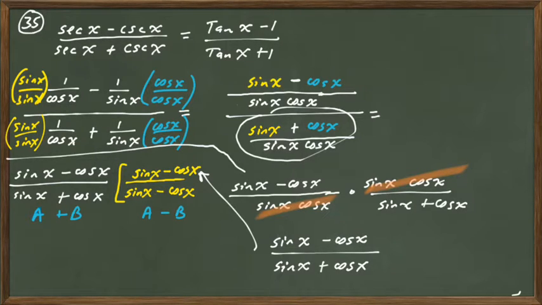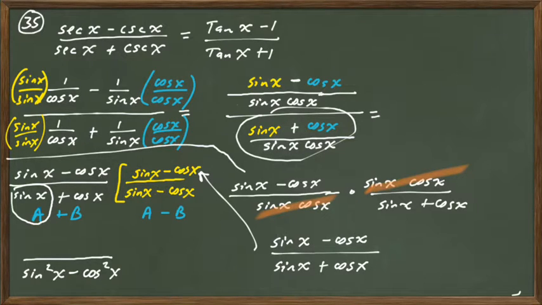What do you get on the bottom? What's a plus b times a minus b? A squared minus b squared. So if a is sine, what's a squared? Sine squared. Now this is in the denominator, so I want to make sure I put it in the denominator. That would be sine squared minus what?